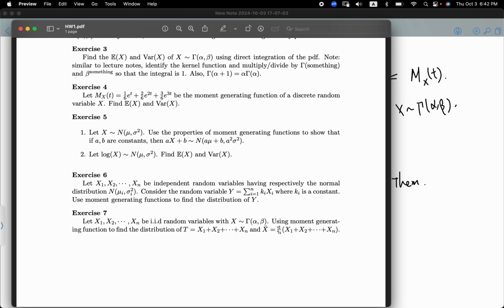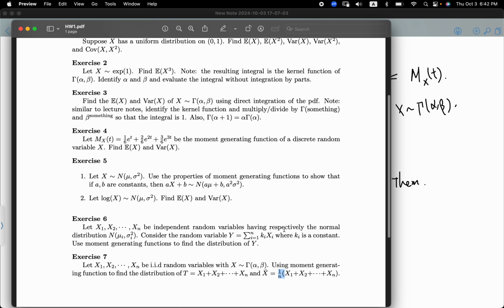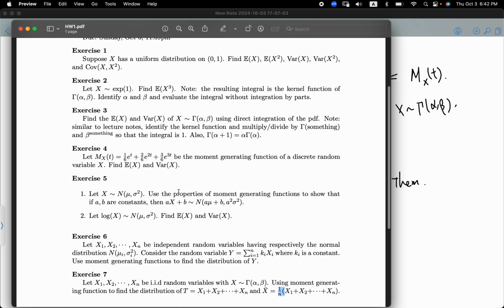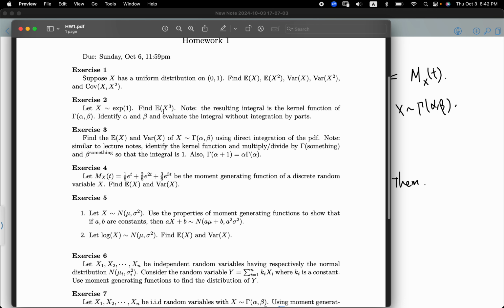And here you have a 1 over n, so don't forget the 1 over n there. I think the properties and this example should give you enough information for 6 and 7. We also talked about 5 with the properties, and also 2 and 3, which is just applying formulas.